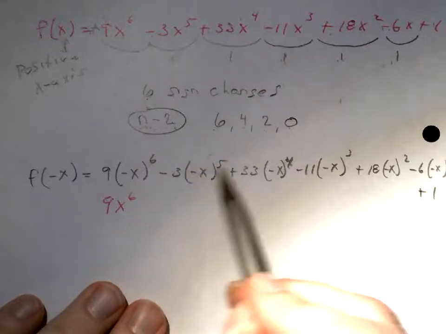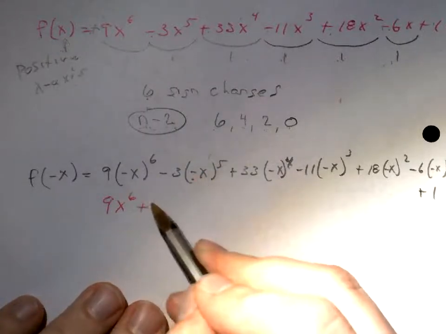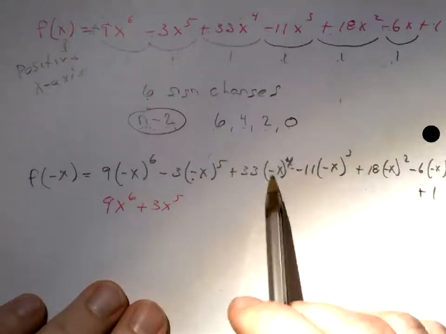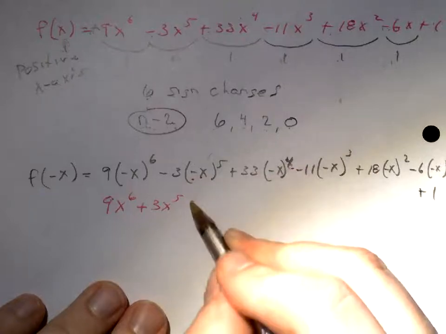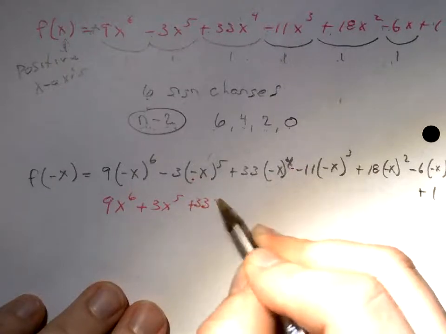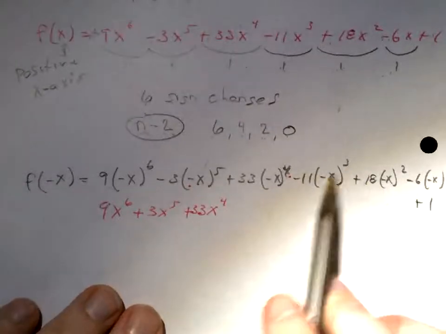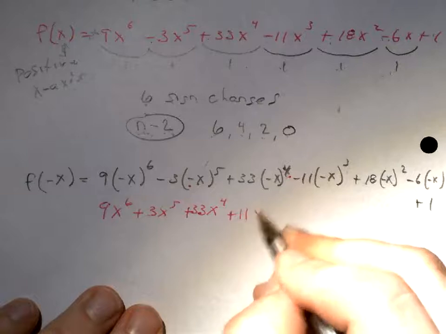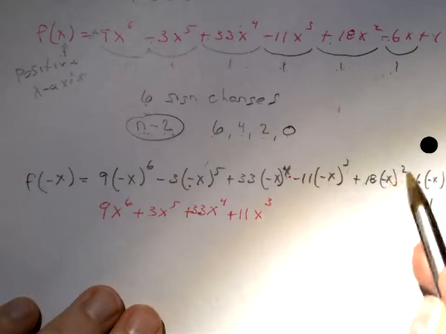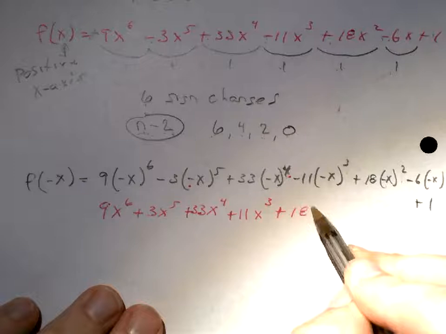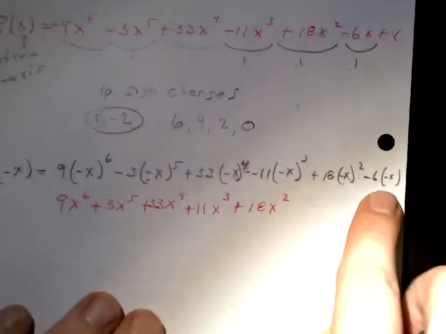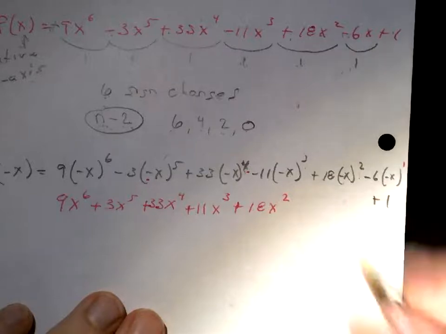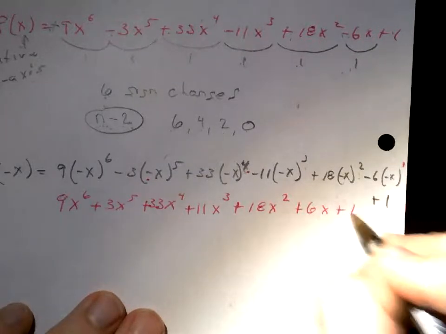We know that this is odd, so that's going to be negative, so that's going to be positive 3x to the 5th. We know that this is even, so that's going to be positive, so that's going to be 33x to the 4th. We know that this is odd, so that's going to be negative times the negative. We know that this is squared, so that's just 18x squared. We know that this is odd, so that's going to be negative times the negative is a positive, and then plus 1.